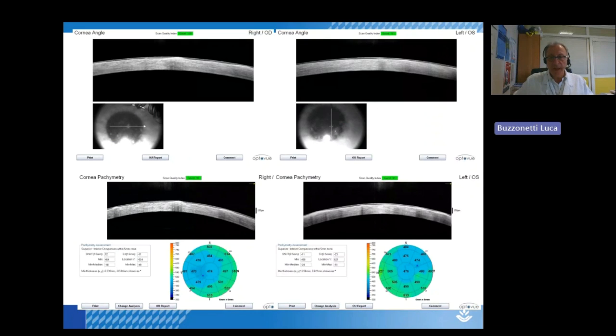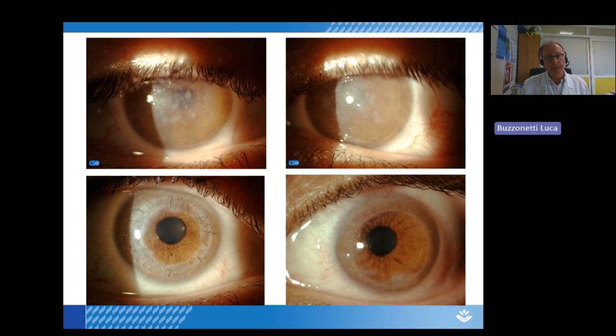But in case of involvement of the stroma, we have to perform a penetrating keratoplasty. This patient is a 42-year-old patient with a granular dystrophy, with important edema, and visual acuity decreased to 0.2.